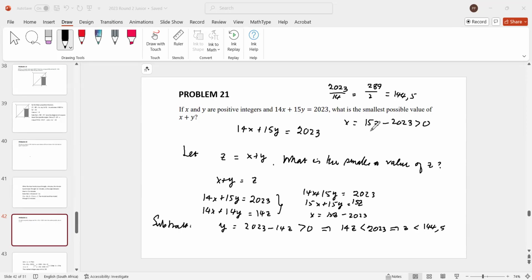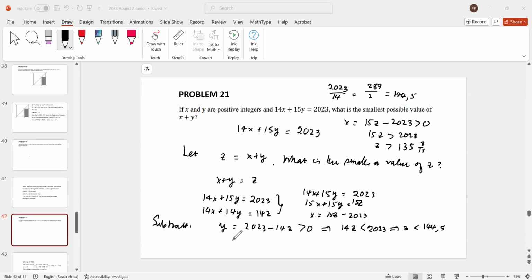But this time you have that 15z is greater than 2023. So z must be greater than that, and you work this thing out. I'm doing it mentally, 135 and 8/15. So z is bigger than that.